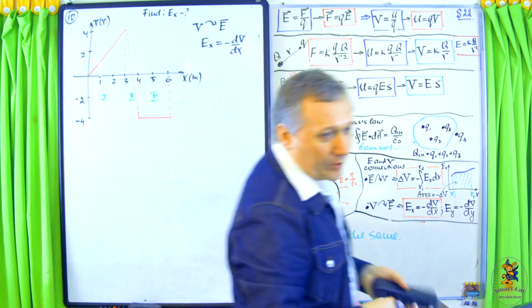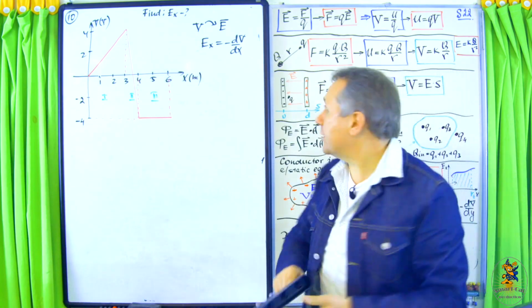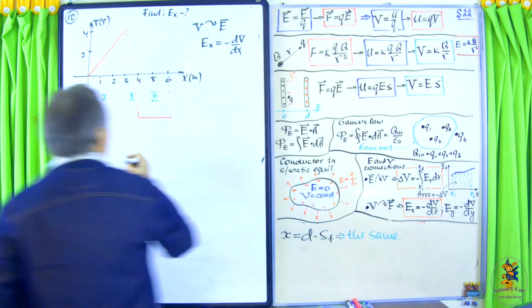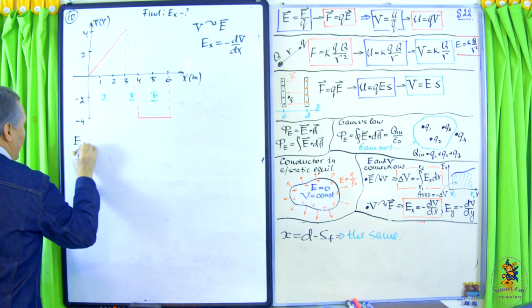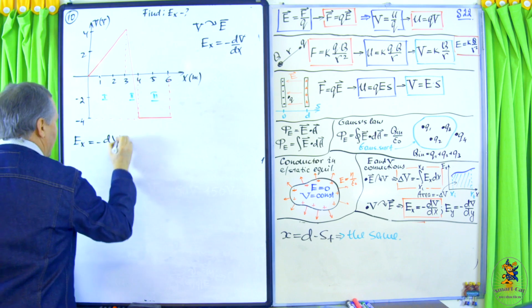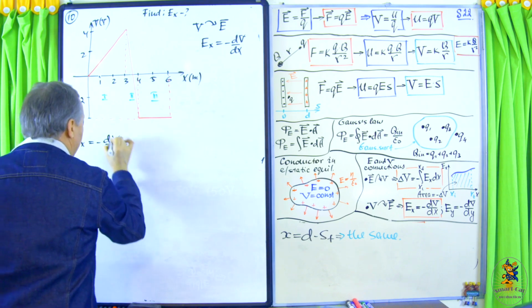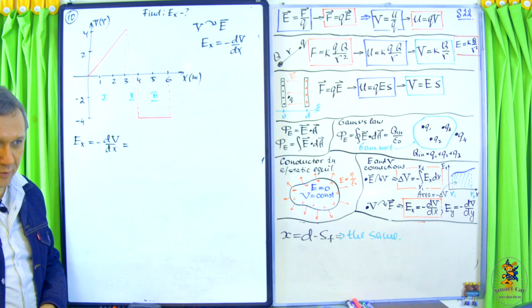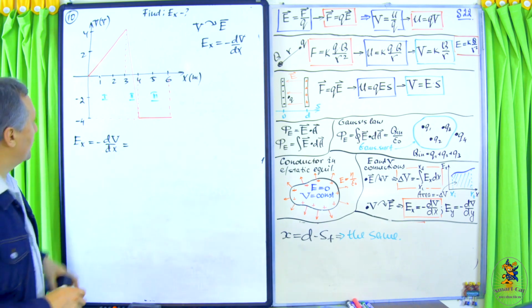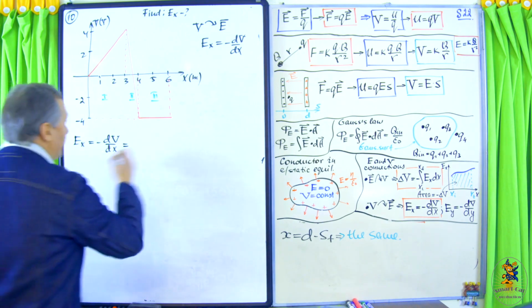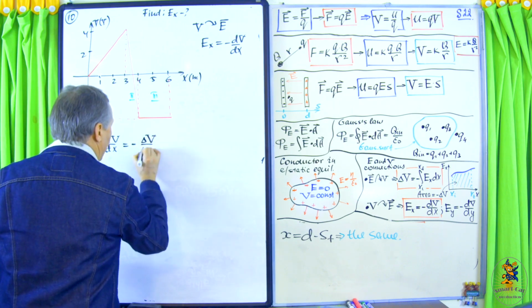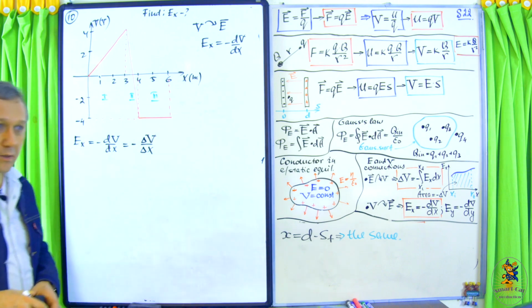And before I start calculating slopes, I need to change this formula slightly. Ex equals minus dV over dx, and since we have straight lines only, we can change this formula from dV over dx to minus delta V over delta x. Why?